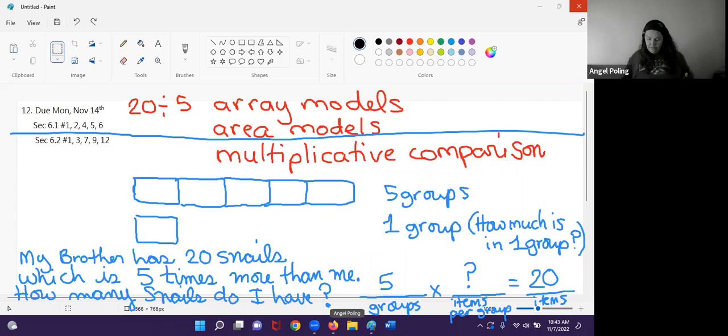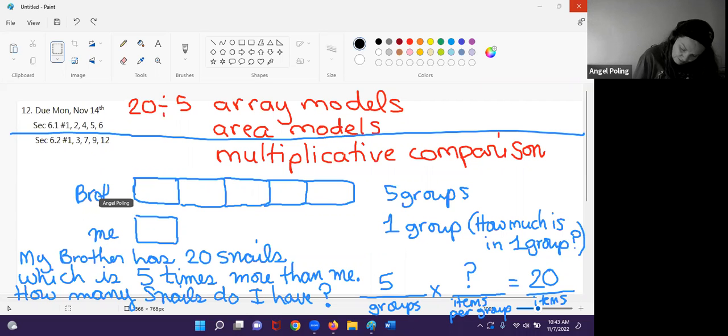I'm the group, right? The imagery shows that we have 5 groups. So we are saying how many in one group. You're saying how many does Angel get, right? Versus how many does her brother get. So this one is the me, and this one is the brother, right?